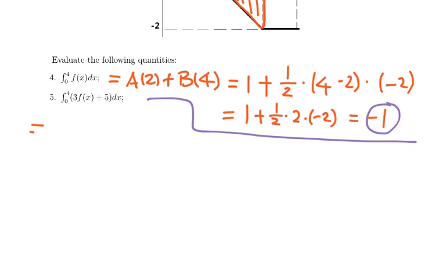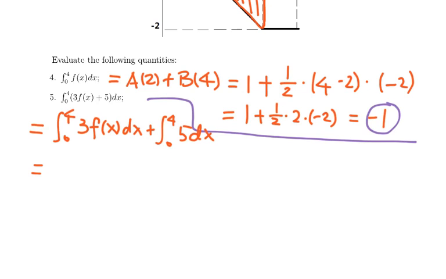And then for the fifth part, we want to evaluate this quantity. But we can actually do something before doing the calculation. We can use the linearity of the integral to rewrite this integral as the integral from 0 to 4 of 3f(x) dx plus the integral of 0 to 4 of 5 dx.